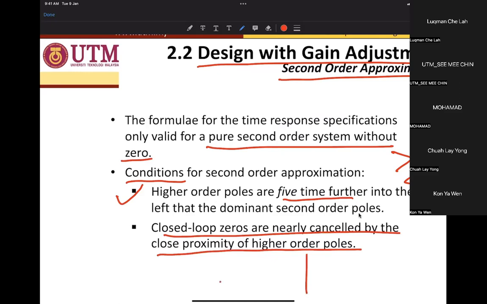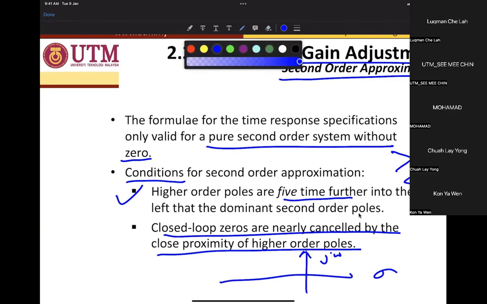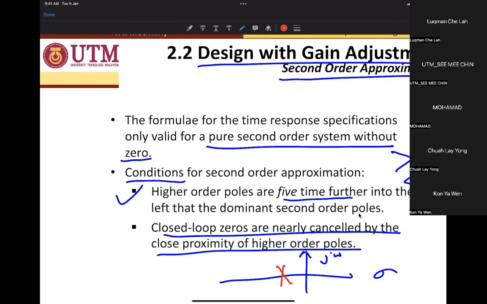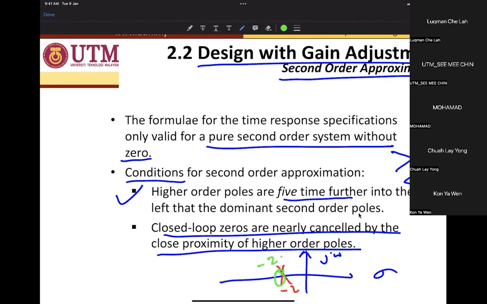Misalnya, like this, a pole at -2. Another zero over here, which is -2.1.